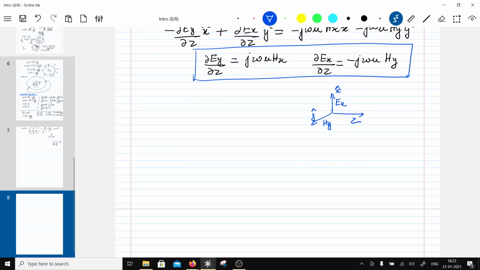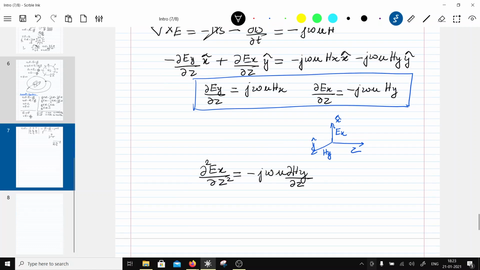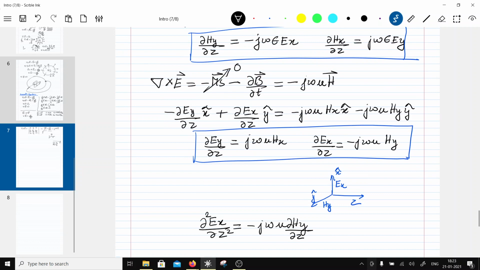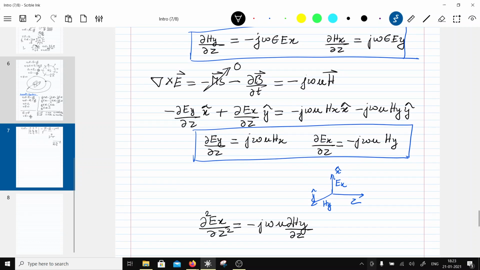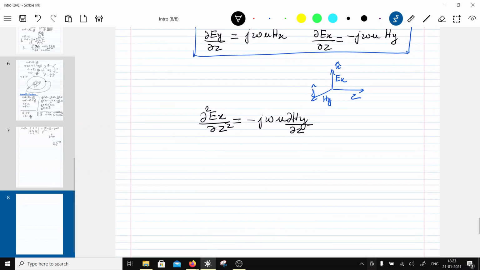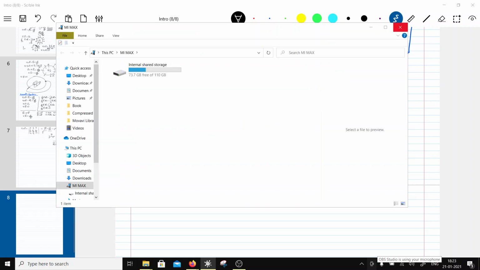In this case, I will pick up this one, ∂Ex/∂Z is equal to minus jωμHy. And if I do a second derivative, then I will have this term. Now I will substitute ∂Hy/∂z from the left side equation, so that will be minus jωε.